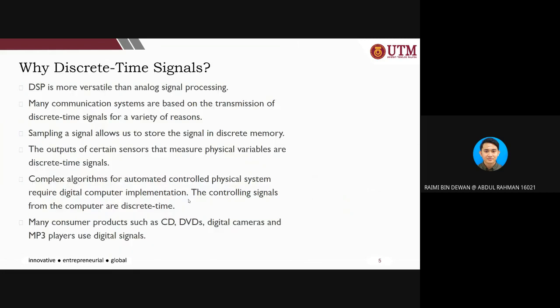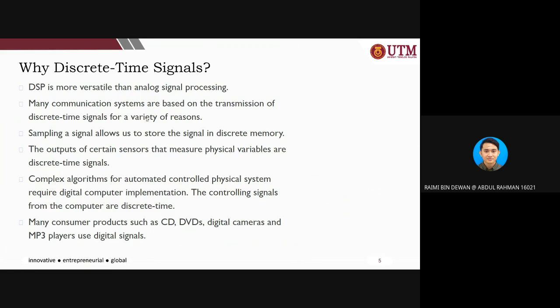So why do we need discrete time signals? First, DSP, digital signal processing, is more versatile than analog signal processing. Second, many communication systems are based on the transmission of discrete time signals for a variety of reasons.